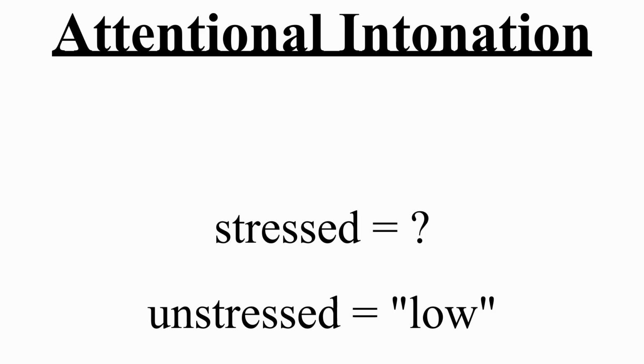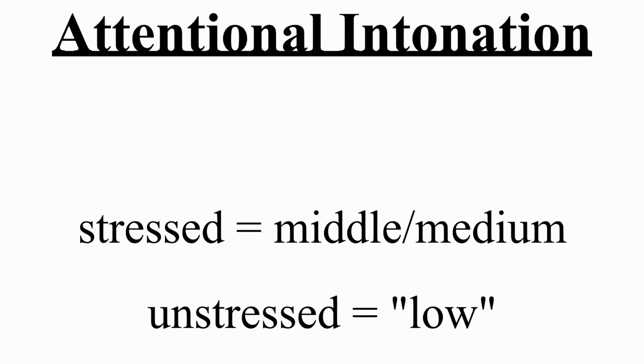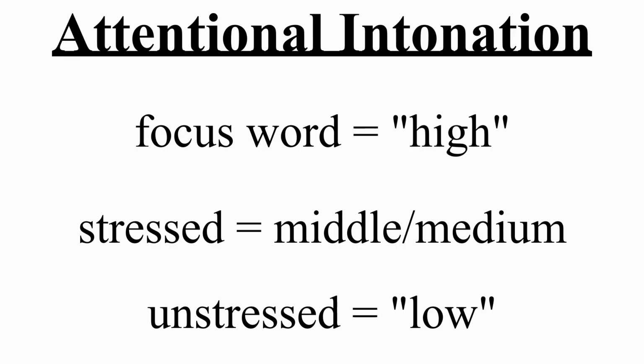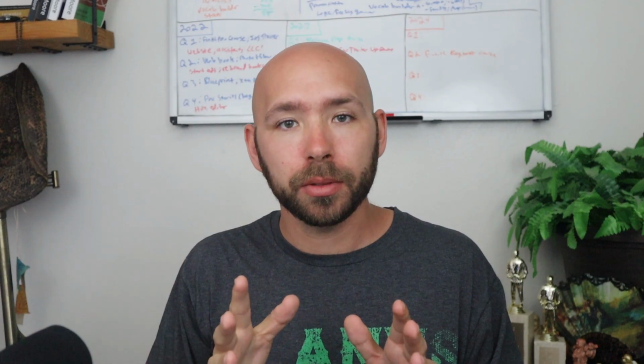But as for how the core system works through attentional intonation, the stressed syllables are actually at the middle level because, remember, we have the focus word. The focus word needs to stand out a little bit more than the other stressed words in that sentence or thought chunk. So the focus word is the high. Now, don't get confused. As I said, in structural intonation we have this rise and this fall. We're not talking about rising on a stressed syllable, falling on an unstressed syllable.